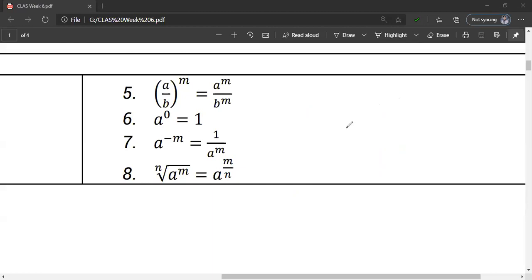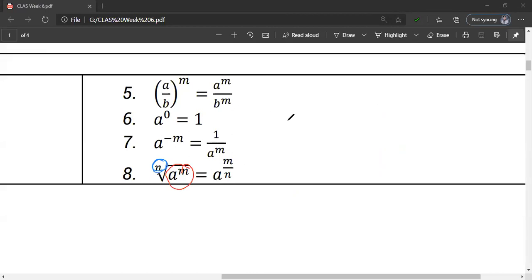Anyway, and lastly, we have this law that nth root of a raised to m is equal to a raised to m over n. So, ang mangyayari po dito, kung ano po yung exponent ng radicand, yung number sa loob ng radical, yun yung magiging numerator. And then the index of the radical sign would become the denominator of the exponent.